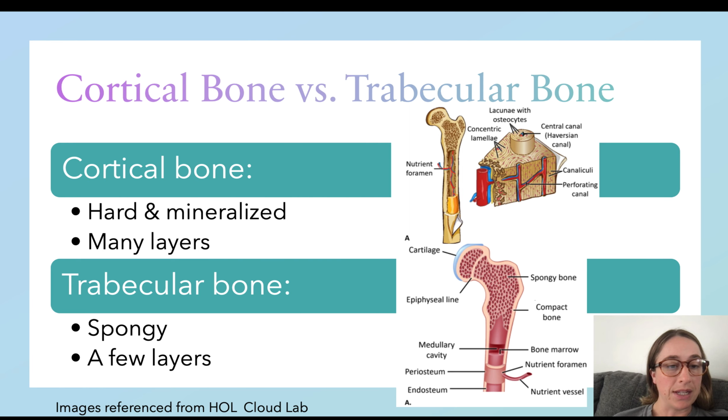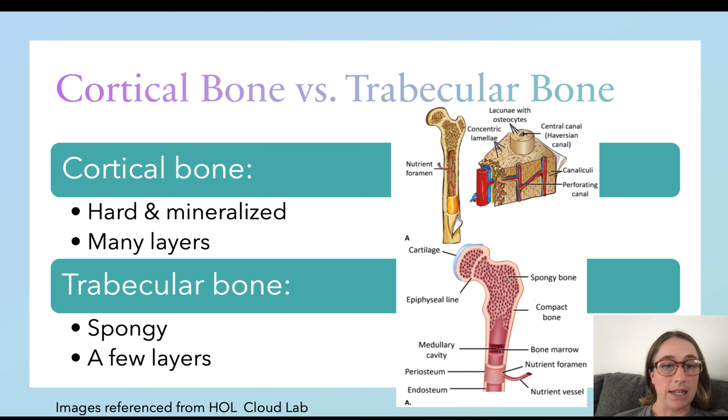So just referencing the image from the whole cloud lab that we did during our course. So the cortical bone versus the trabecular bone, you can see the images to the right. The cortical bone is hard and mineralized and has many layers, while the trabecular bone is spongy and has just a few layers.